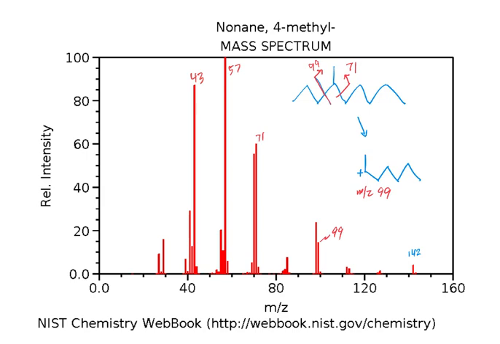So this bond can cleave and go like this. And if it does that, it ends up with this neutral alkene plus a new carbocation like this. And I think that this is actually 57.